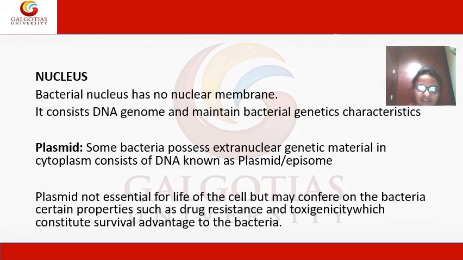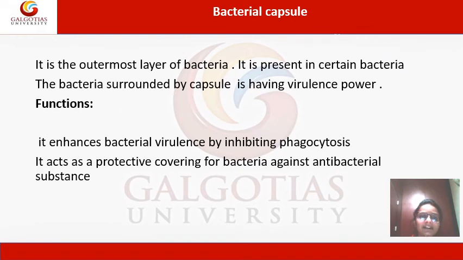Now we come to the next structure, that is the bacterial capsule. The bacterial capsule is the outermost layer present in certain bacteria. Bacteria surrounded by a capsule have more virulence power.